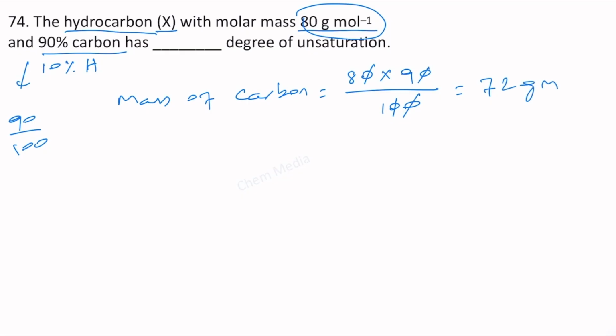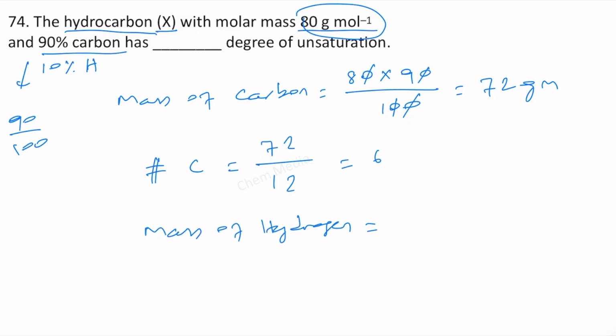So, in 72 grams, if we want to find the number of carbon atoms, we have to divide by atomic mass of carbon, that is 12. Therefore, this is equal to 6. And then the mass of hydrogen is equal to 80 times 10 by 100, because it is only 10% hydrogen. Therefore, this is simply 8 gram.